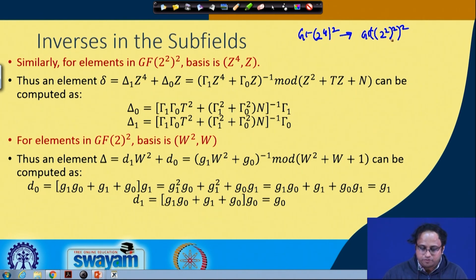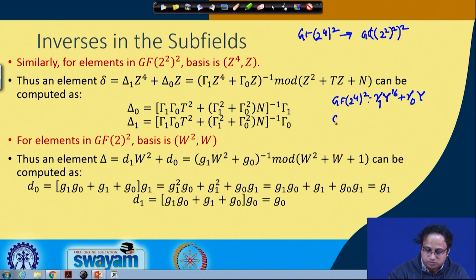So if you see the representations, when I am trying to write an element in GF 2 power of 4 whole square, then my element was in the form of gamma y power of 16 plus, or I can write here as gamma 1 and gamma 0 y.